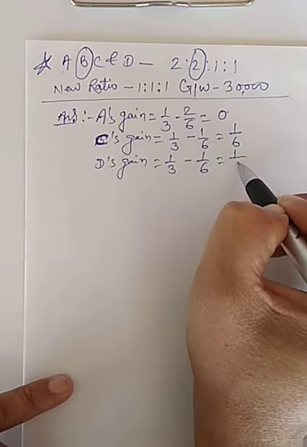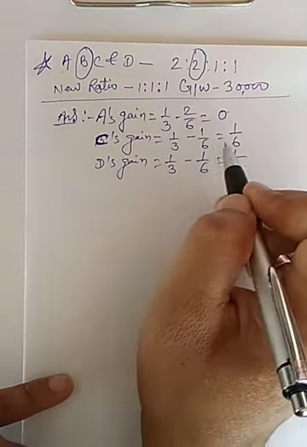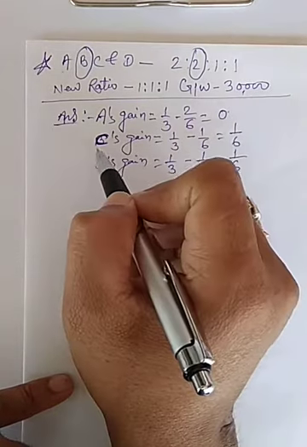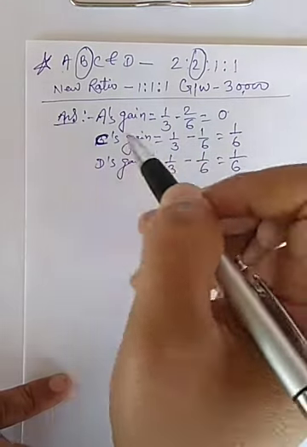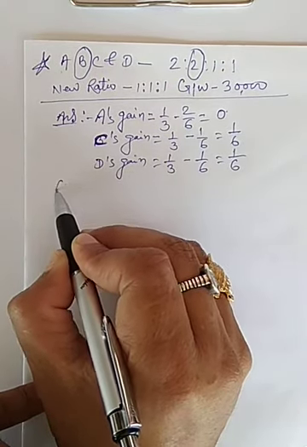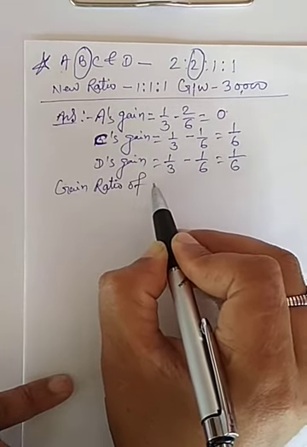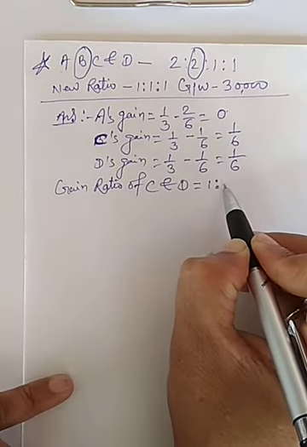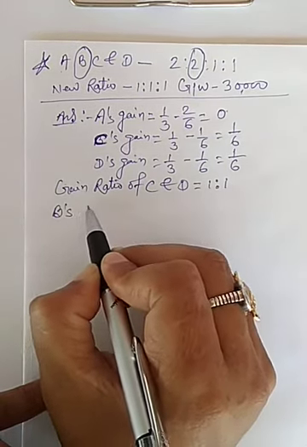So it will also be 1 by 6. In this question, we can see that A has no gain, but D and C have gained 1 by 6, 1 by 6. So I will calculate the gain ratio of C and D only. It will be 1:1.